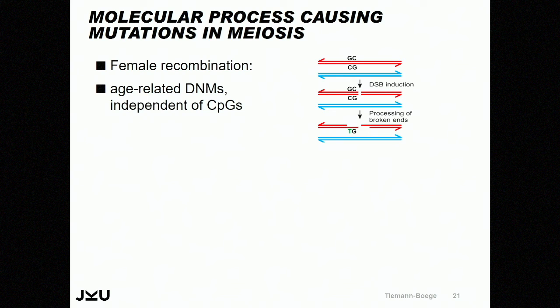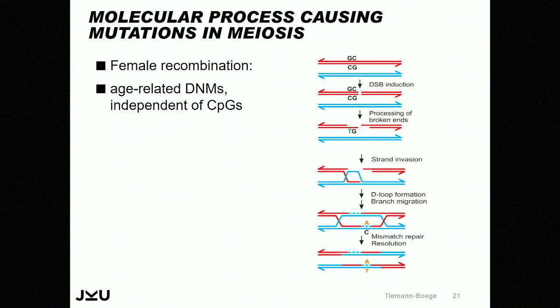mutagenesis in recombination. Also, very interesting facts about the de novo mutations accumulated in the females that are independent of CpGs might now be explained by these translesion polymerases. The fact is that as females age, the de novos associated with crossovers also increase.